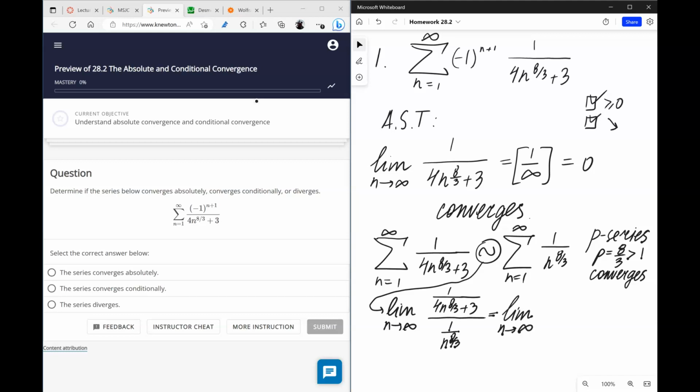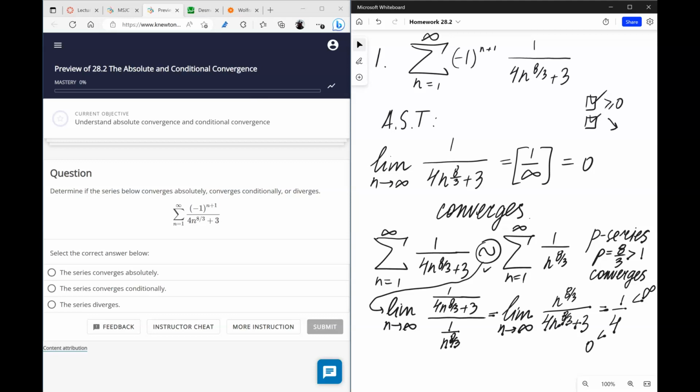This limit is equal to 1/4, which is a number between 0 and infinity.